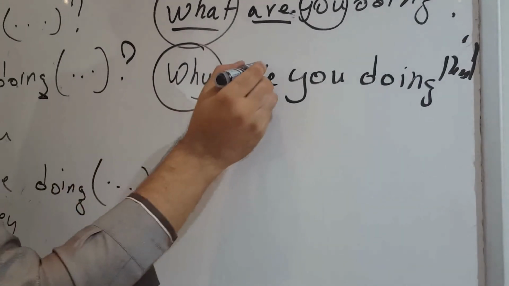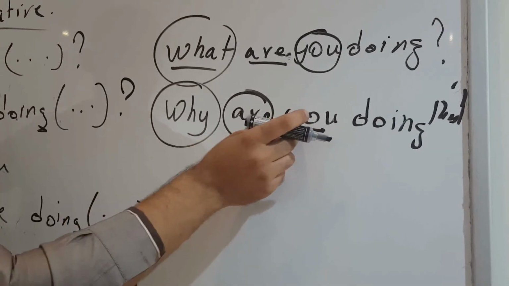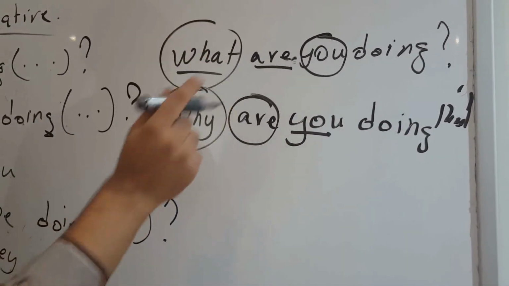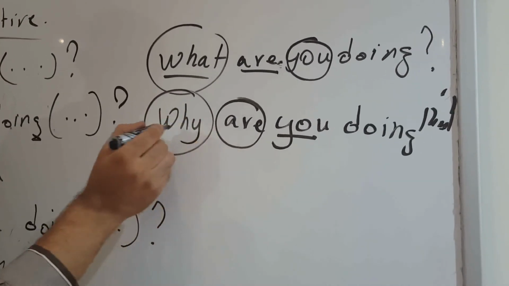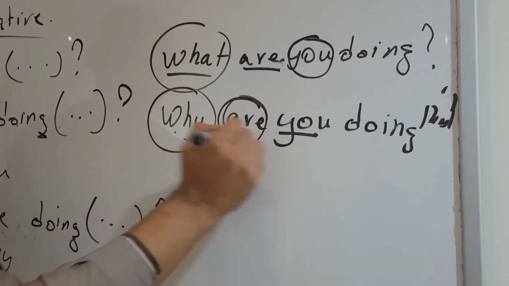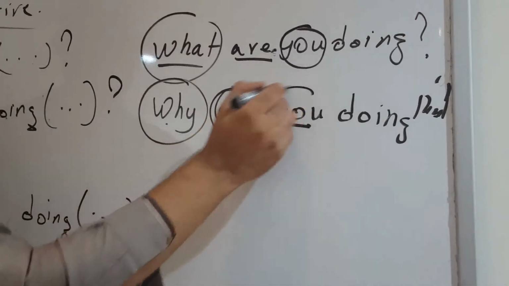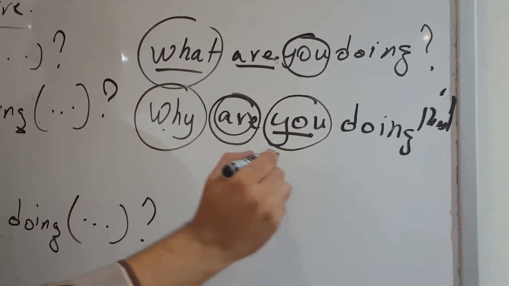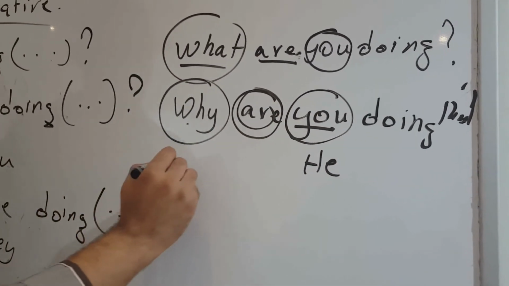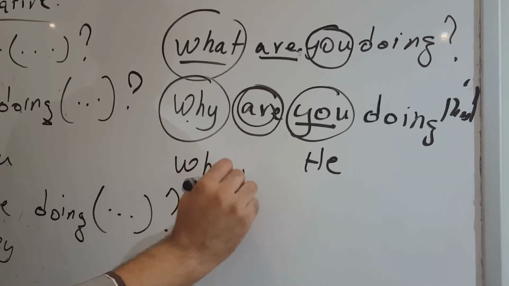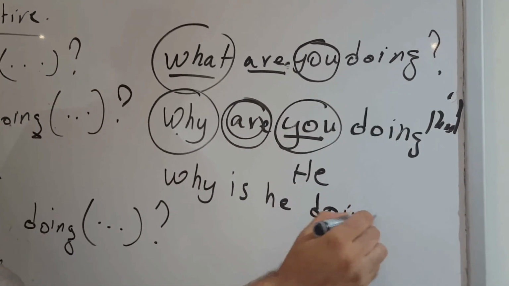So notice the same inversion here. In the affirmative we say "you are," but when we ask a question we should begin by "why," and then plus the "to be" plus the subject. Well, if we replace "you" here by "he," we should say, why is he doing that?